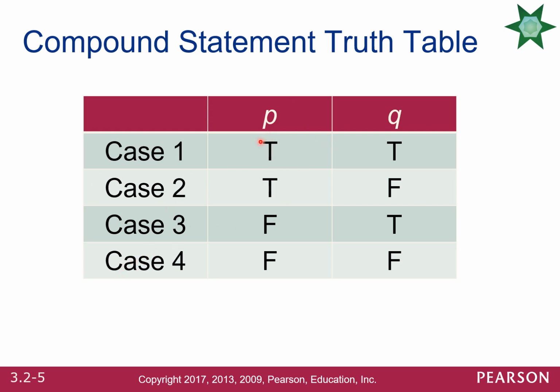Case 1 is that P is true and Q is true as well. Case 2 is the first statement is true, but the second statement is false. Case 3 is first statement is false, second statement is true, and in case 4, the final case, both statements are false. All right, so we have to know these cases because a truth table has to cover all possible cases of true and false that the statements can take.